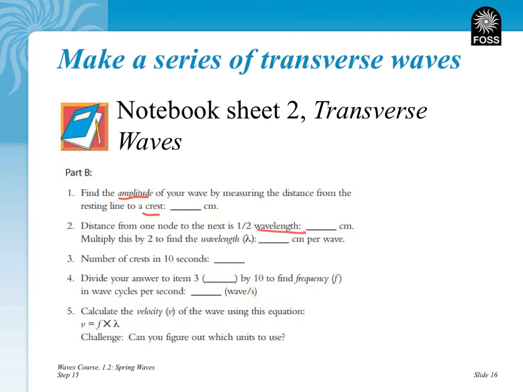Okay, you're going to learn some new vocabulary like velocity, but don't worry, you're going to learn how to do velocity with this equation. You already know how to find frequency, count the number of cycles that come by. So all of these are things that you're going to do step by step by yourself and with a partner.